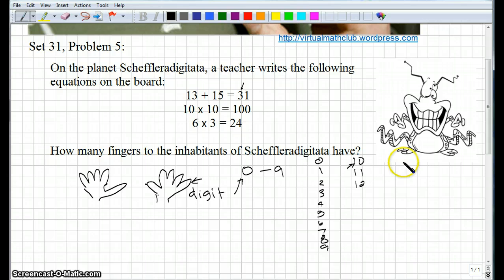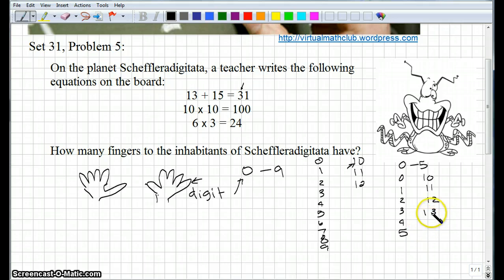So he would use the digits 0 through 5: 0, 1, 2, 3, 4, 5, and then when he gets to what we call 6, he would say, I have 1 six and 0 ones. I have 1 six and 1 one, 1 six and 2 ones, 1 six and 3 ones, and so on.